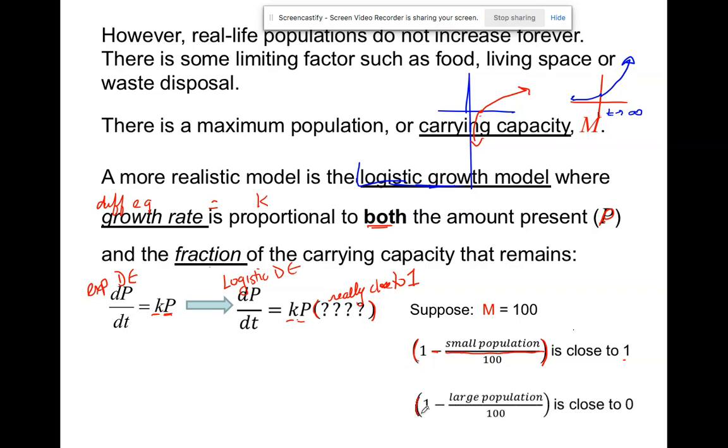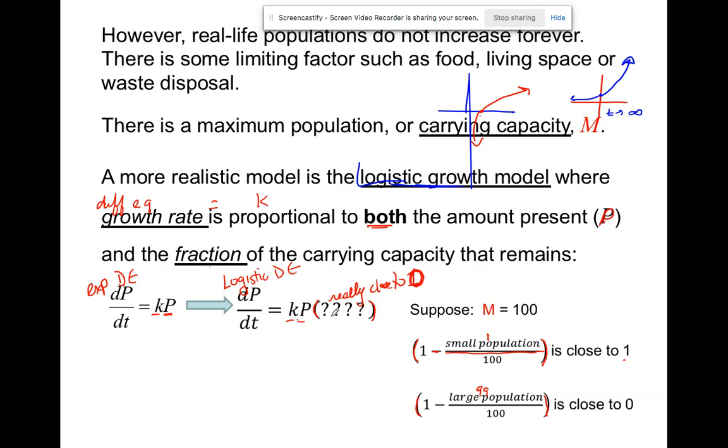As opposed to this situation, what if you had, instead of just 1, you had 99? Your carrying capacity is 100 and you have 99. Look at the expression in here now. 1 minus 99 over 100 isn't 0, but it's really, really close to 0. So what happens if you're multiplying kp times something really close to 0? It doesn't look close to kp anymore.